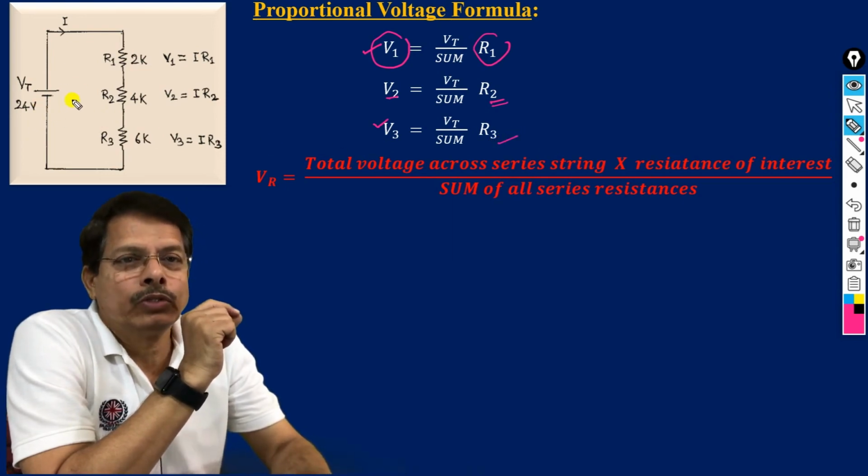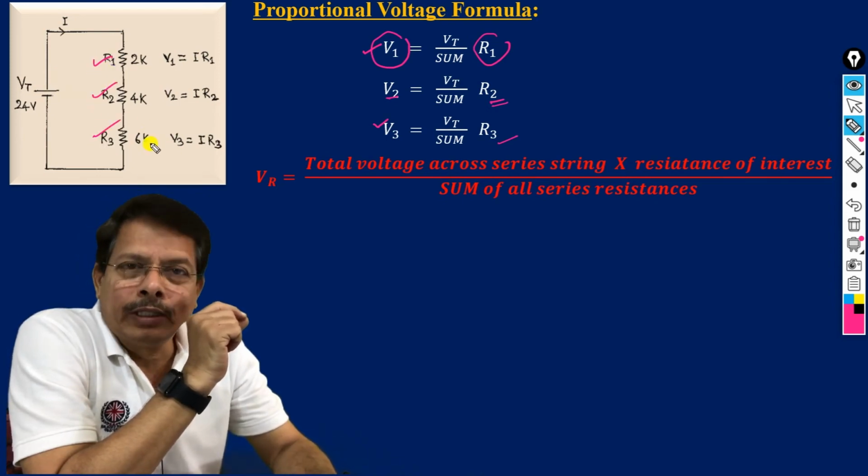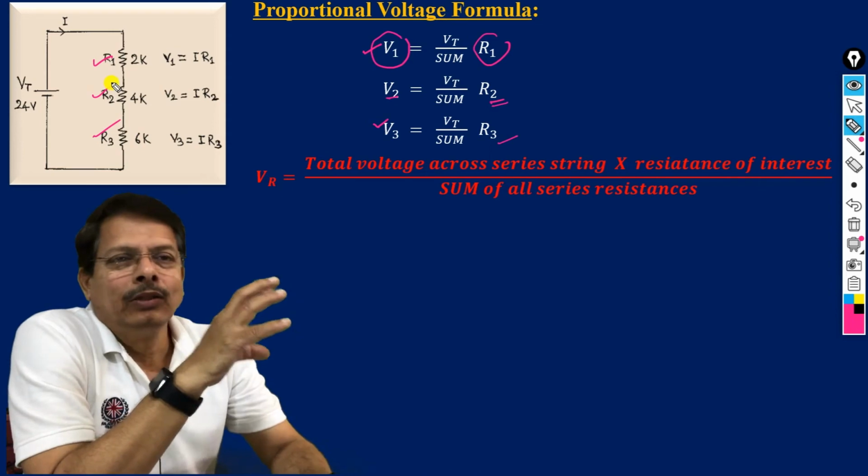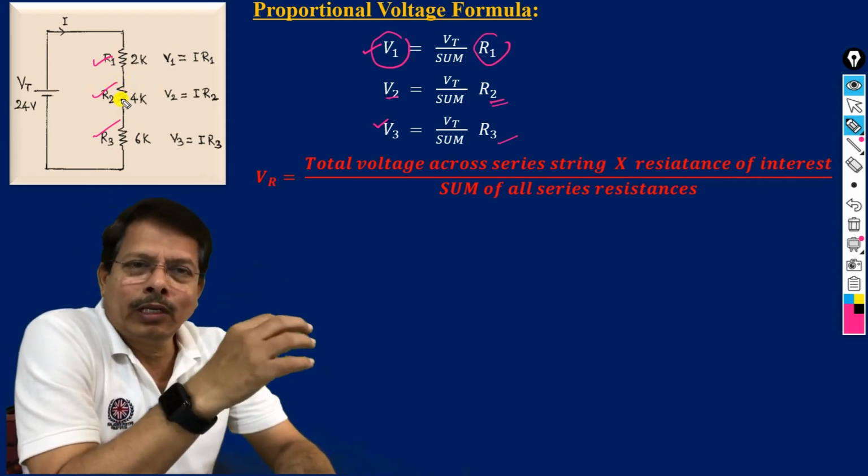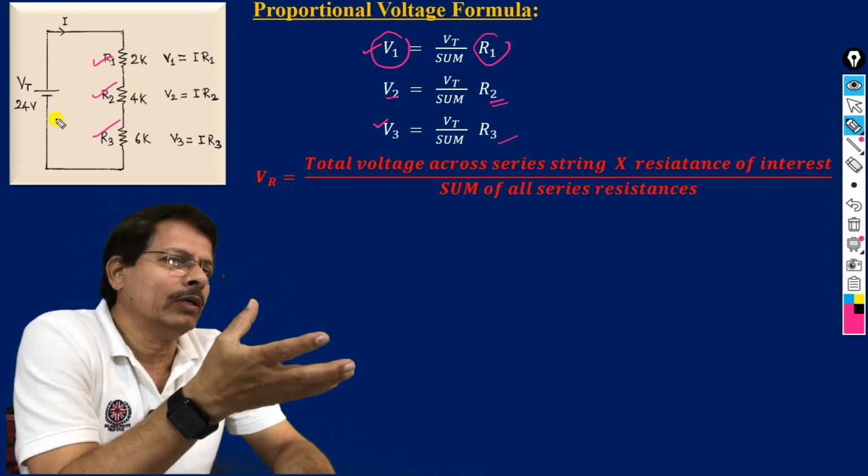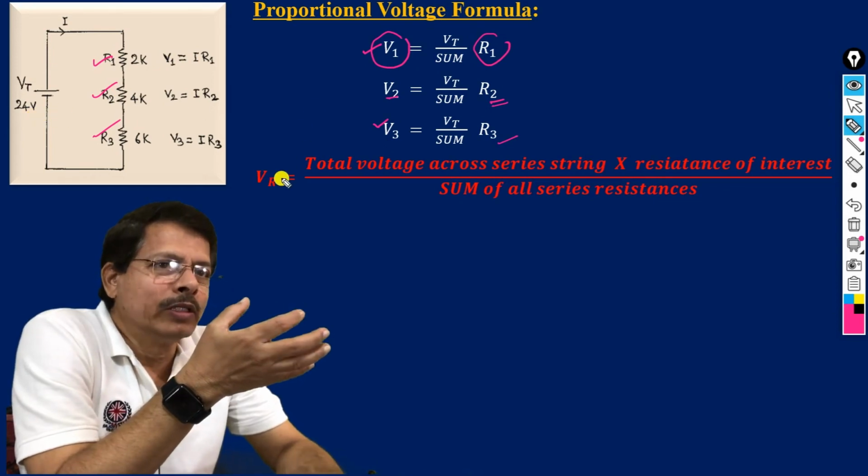So whenever you have a situation like this, where two or more resistors are connected in series, you can find the voltage across any resistor instantly using this formula. What is this formula?